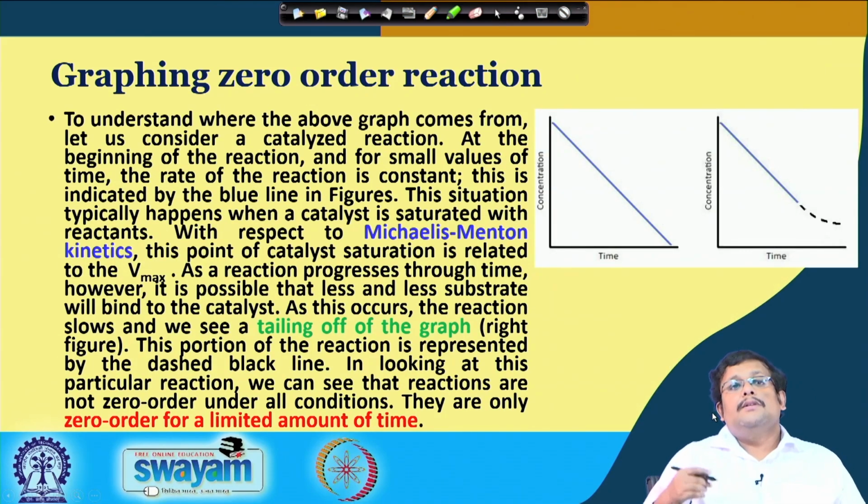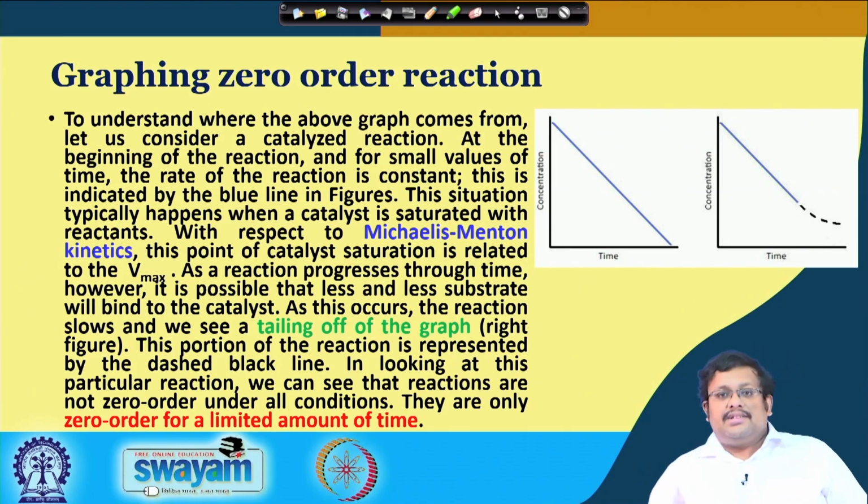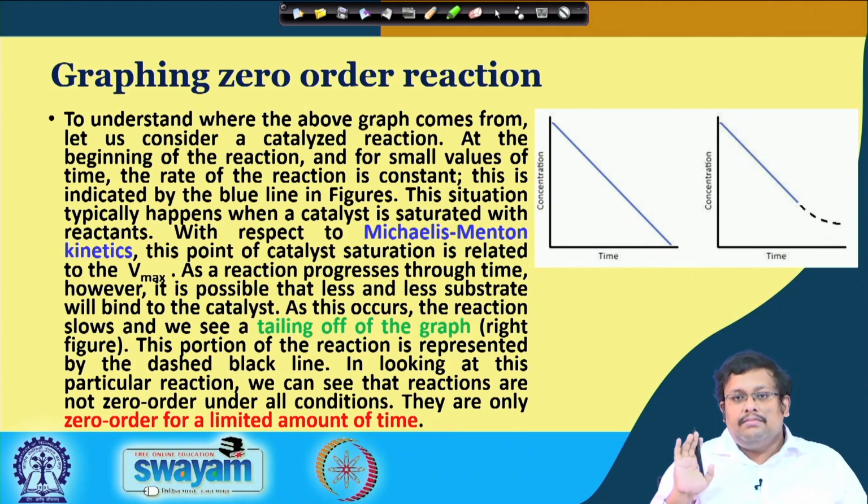To understand where this graph comes from, let us consider a catalyzed reaction. At the beginning of the reaction and for small values of time, the rate of reaction is constant. We know from its differential representation that the rate of reaction is constant in the case of a zero order reaction.